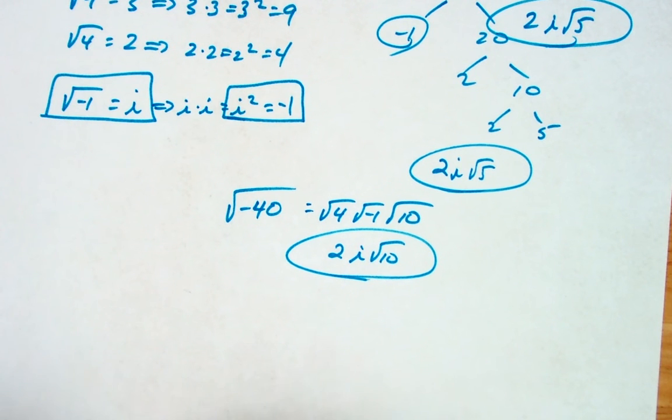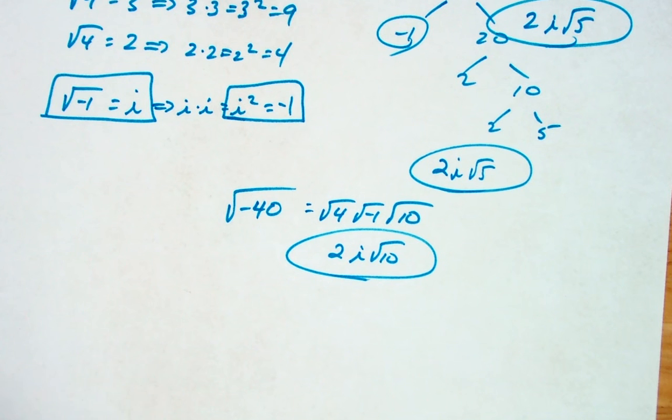What are the factors of 10? So there's no pair of 2s. There's no pair of 5s. I don't know the square root of 2. I don't know the square root of 5. So we just have to leave it. That's a good point. I'm glad you said something. But square root of 10, I can't break down because it doesn't have any perfect squares that go into it.